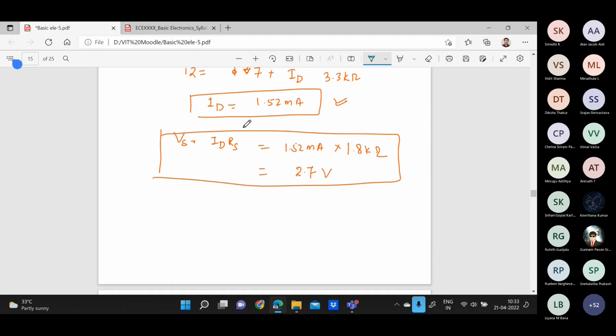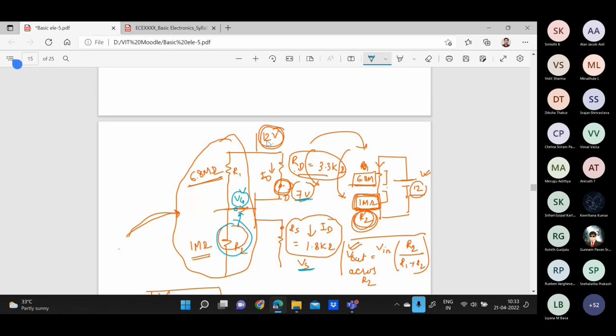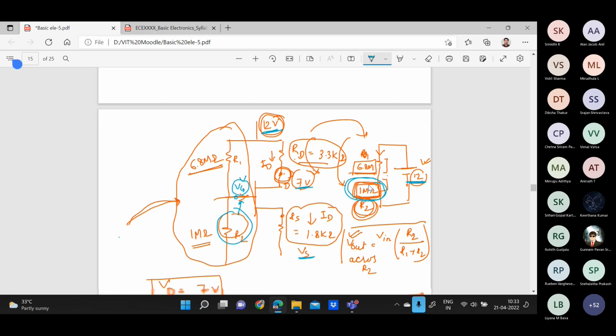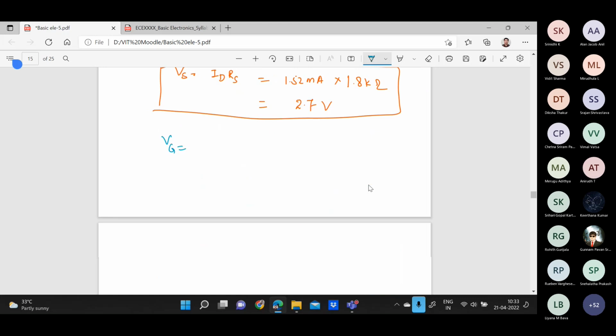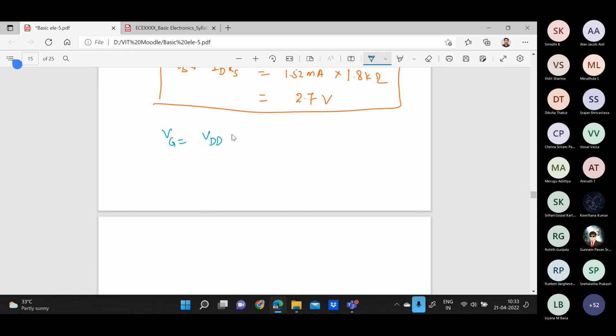As you have seen, the value of VG is found in the voltage divider circuit. Just like I explained before, where 12 volt is the total voltage, the same process you have to apply here. VG equals VDD times R2 divided by R1 plus R2.